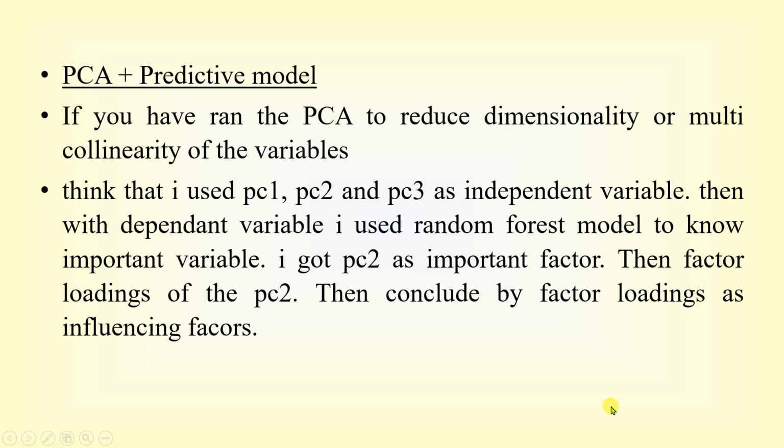Now, principal component analysis plus predictive modeling like regression or machine learning models can identify the influence on the dependent variables. Suppose you have run principal component analysis to reduce dimensionality or remove the multi-collinearity of the variables, and you used PC1, PC2 and PC3 as independent variables. Then with the dependent variable, you used a random forest model to find the important variable, and you got PC2 as the important factor.